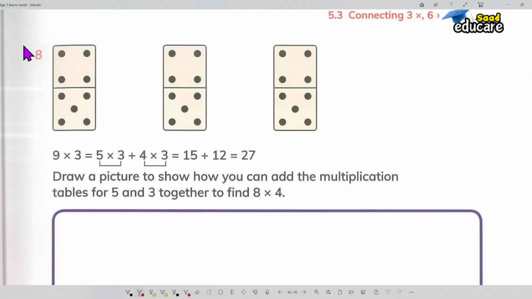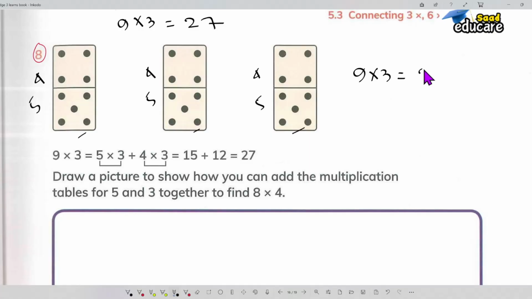Number 8. Interesting question. Here are dominoes, which are 5 by 4: here is 5 dots and here is 4 dots. So 5 and 4, 5 and 4, 5 and 4, right? It means 5 plus 4 is 9. So here are 3 groups, and it will become 9 times 3 is 27.